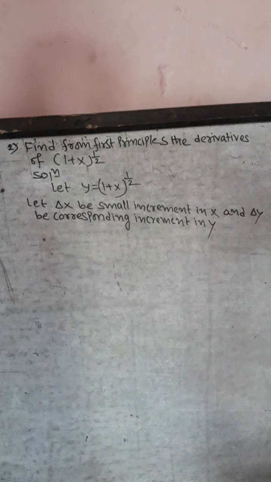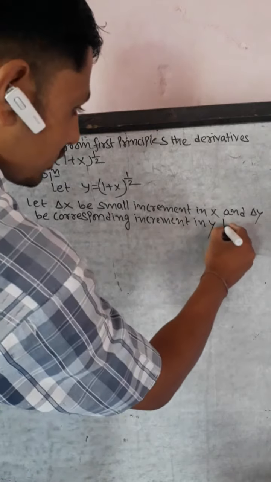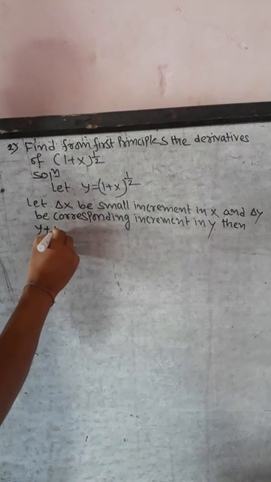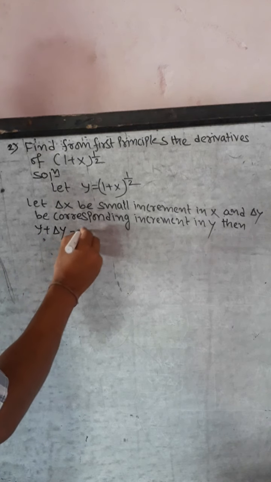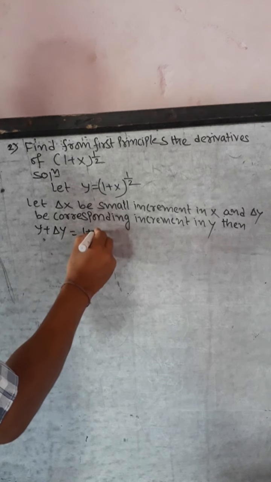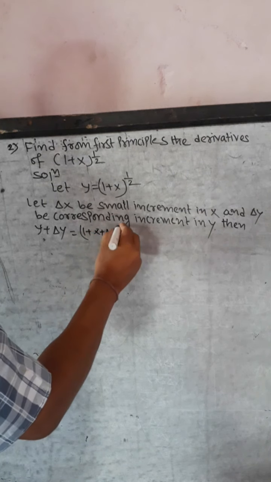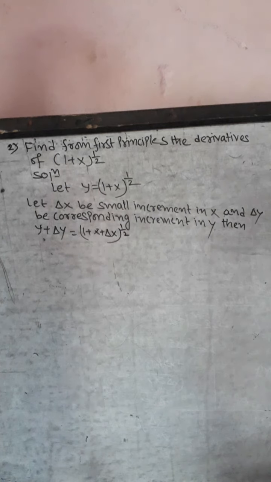So then, as previously, first you have to find y plus del y, which is equal to (1 plus x plus del x) to the power 1 by 2.